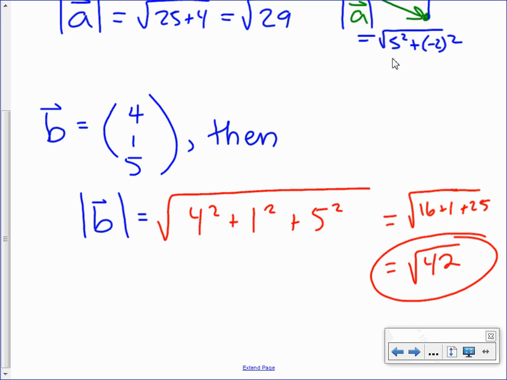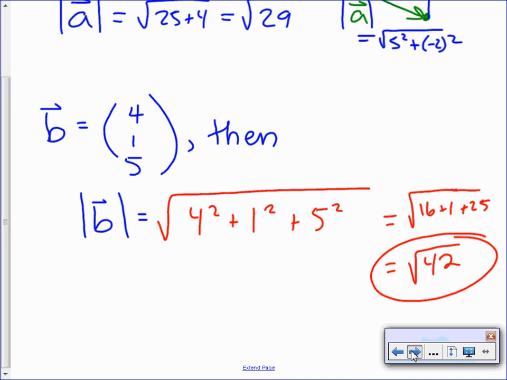Now, if B is the length of a vector, there is a vector that is equivalent to B. B is just a scalar of this vector, and this vector will have a magnitude of 1. It's going the same direction, and it's the same scalar; we just shrink it down to a magnitude of 1.